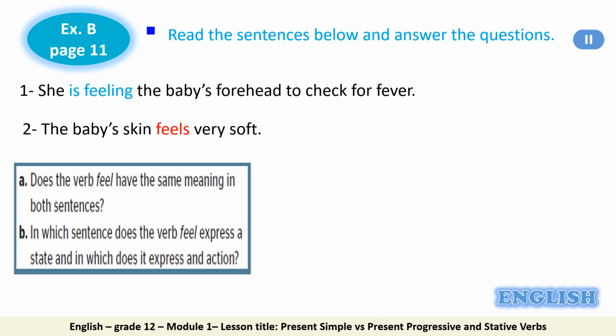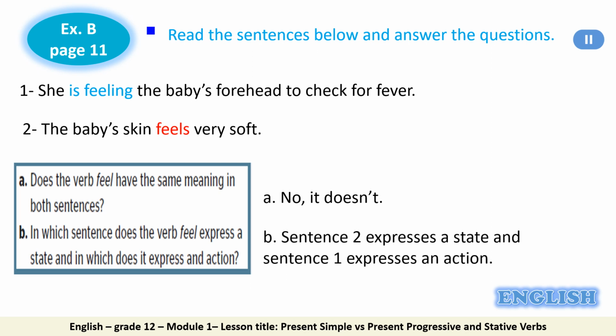Are you ready to share your answers? I'm sure you are. Does the verb feel have the same meaning in both sentences? I definitely agree with your answer. No, it doesn't. In which sentence does the verb feel express a state and in which does it express an action?